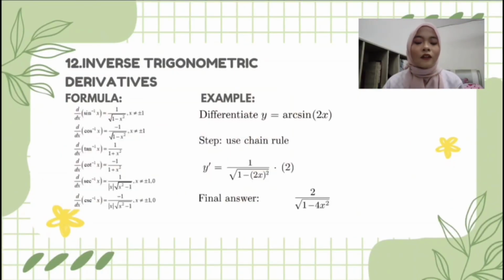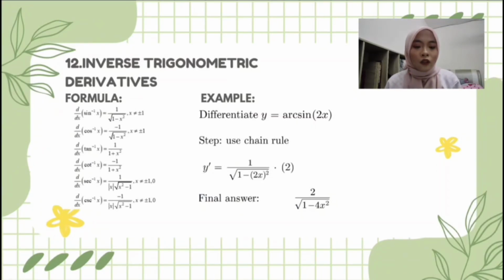The 12th technique is the inverse trigonometric derivative. It has its own formulas too, and there are many formulas for each question that you can refer to when to use it. For the example question, I take the formula for number 1.